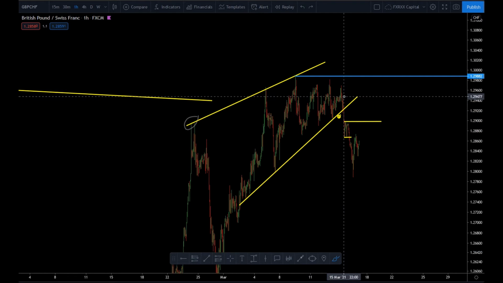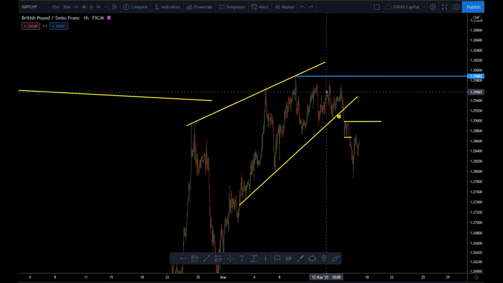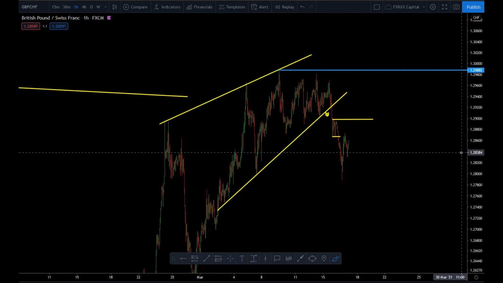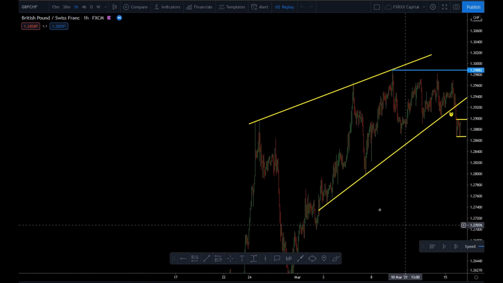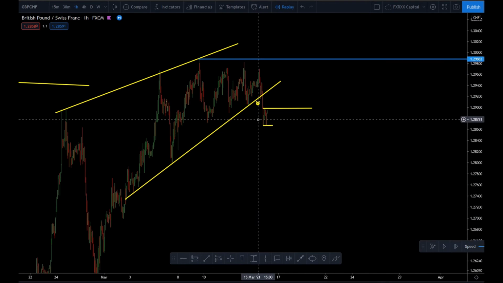So if you traded this position, you're able to close on this area, or if you're in the long term or you did not manage aggressively, you probably already took a break even, and now price moves to the downside. If you replay the market, you see the price impulse move to the downside.